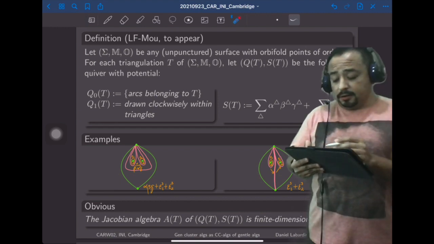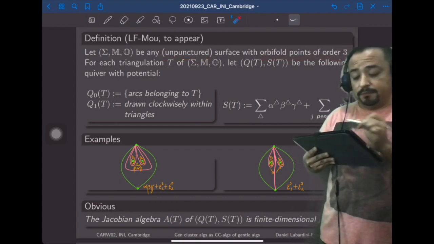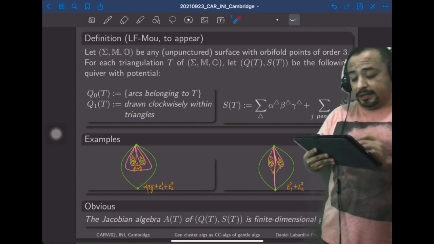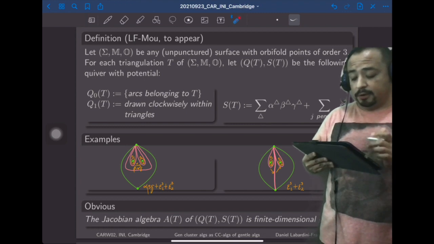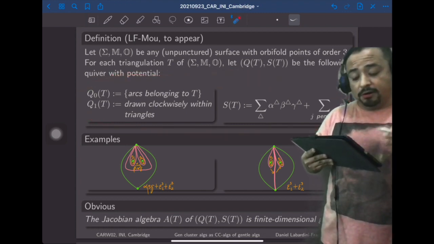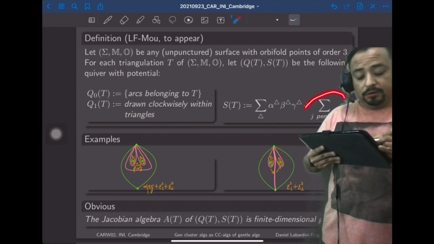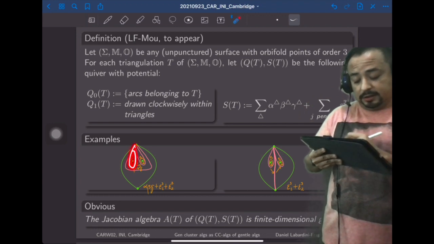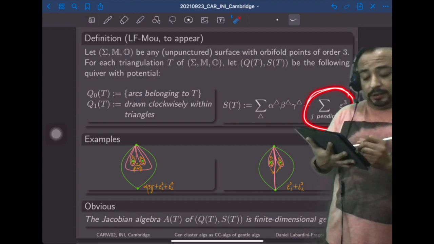So now take any unpunctured surface with orbifold points of order 3, and we triangulate it as we did before with the polygon, and play the same game. Since you may have many orbifold points of order 3, you may have many of these pending arcs, so you really take this sum.